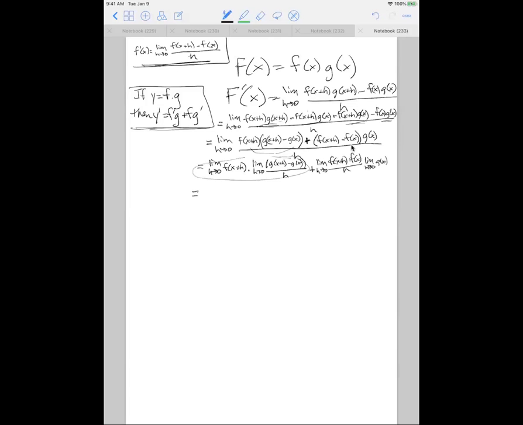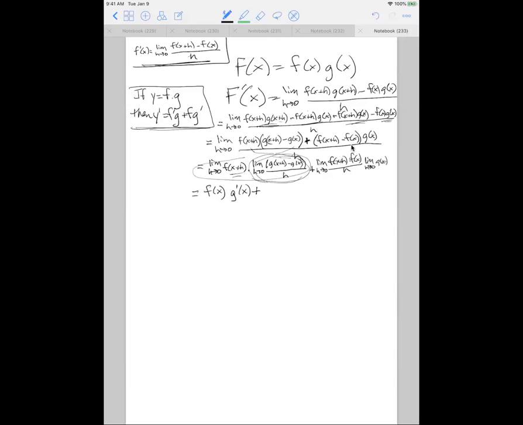This is the limit definition of g prime. So I'm going to do a couple things at once here. As h goes to 0, the h disappears, and we end up with f of x here. Right, plug in 0. And the limit as h goes to 0 of this is actually g prime.